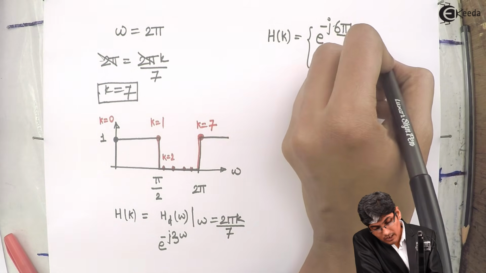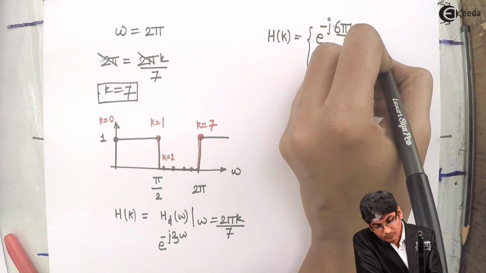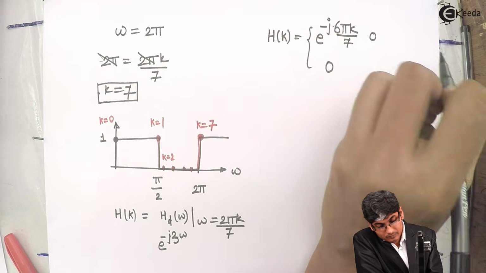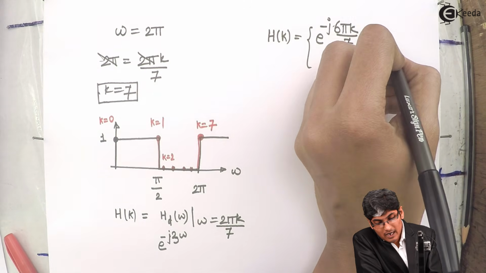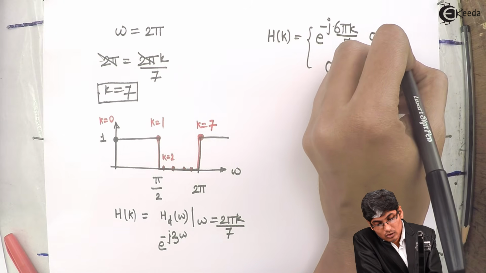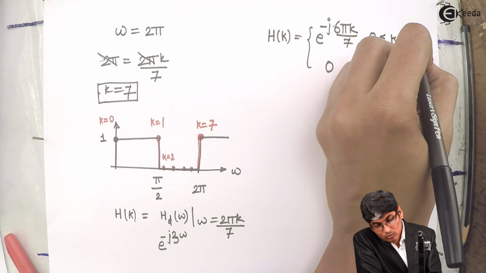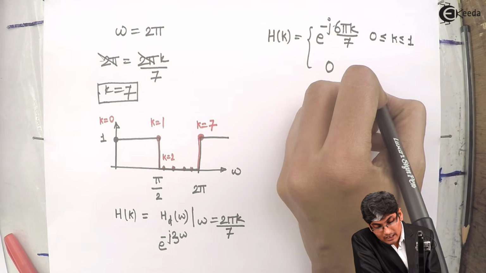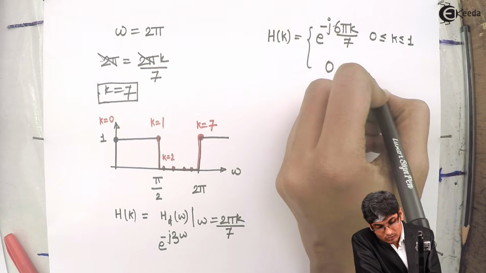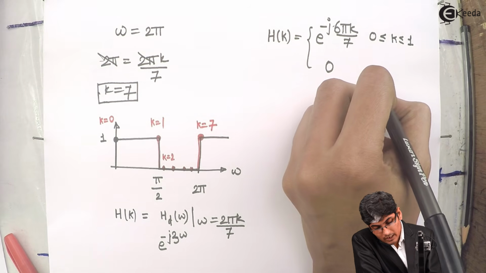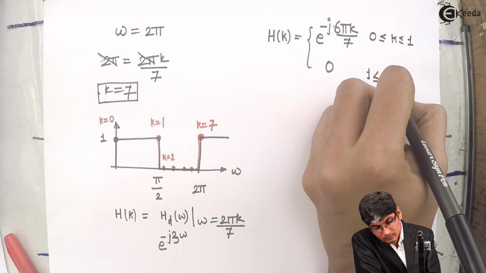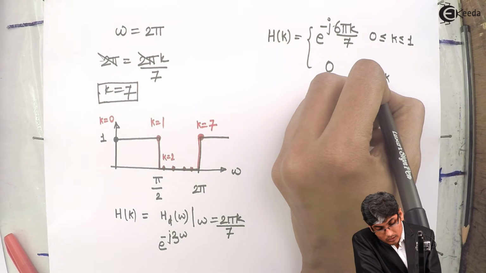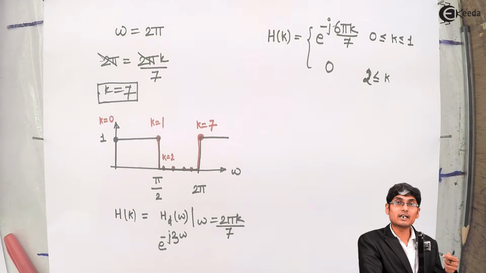And omega was 0 and hd of k was 0 for some values. So hd of k will be equal to this function at k equal to 0 to k equal to 1, and 0 otherwise, or I can say 0 from k equal to 2, not 1, because at 1 there will then be a discontinuity.